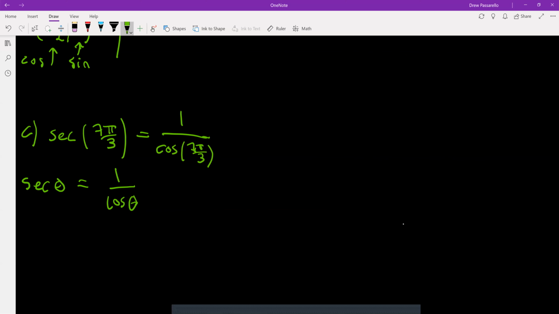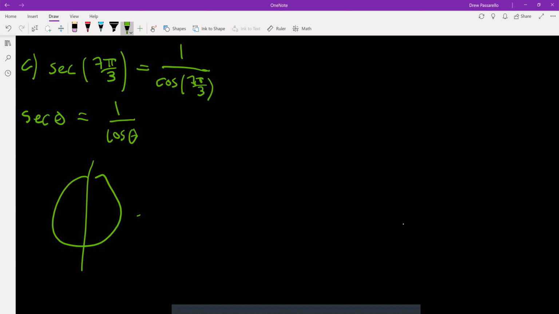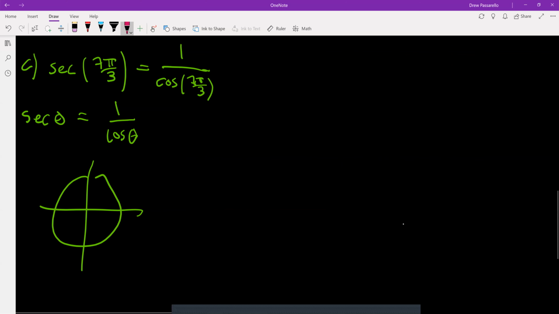You'll notice that on the unit circle, you don't have 7 pi over 3, but if I go a complete revolution, that's 2 pi, which is the same thing as 6 pi over 3.